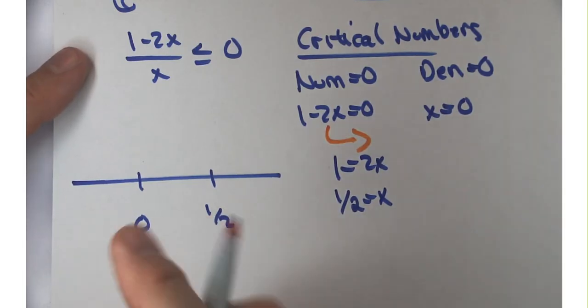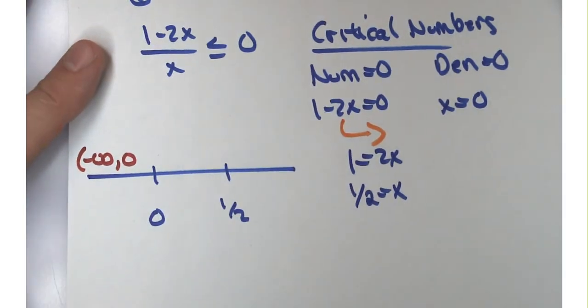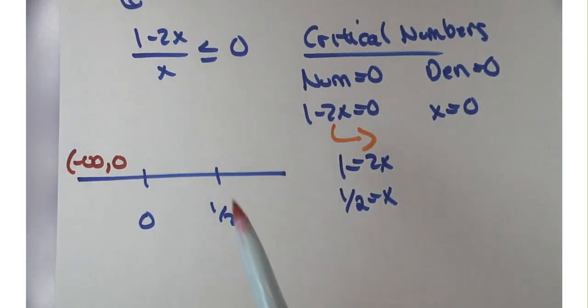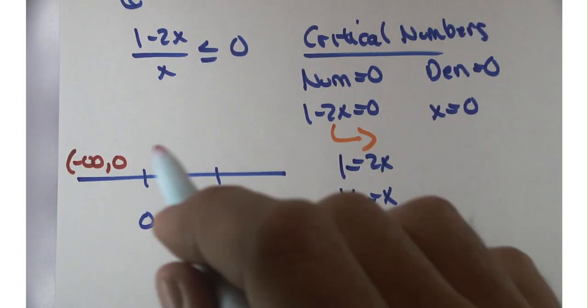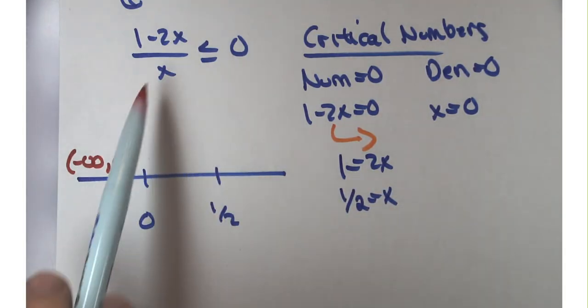Negative infinity gets a parenthesis, and then 0. Can I use a 0? It's a less than or equal to. I can use 0? What's wrong? What would happen if I tried to put in a 0 here? What would I be dividing by? 0.